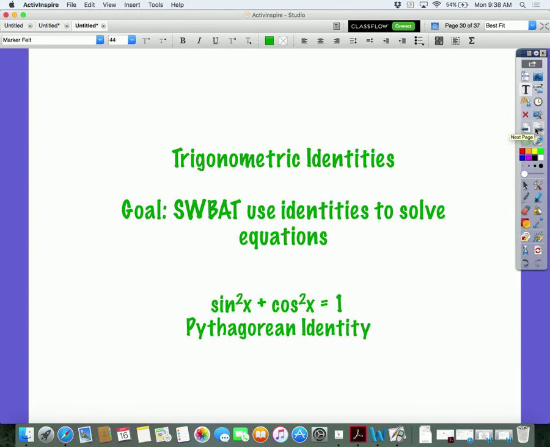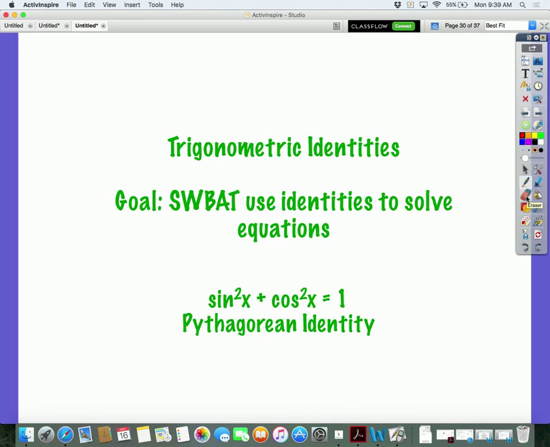Do realize that it could also be cosine squared x plus sine squared x equals 1. Cosine and sine can switch places. Also realize that this can be manipulated: cosine squared x is equal to 1 minus sine squared x.